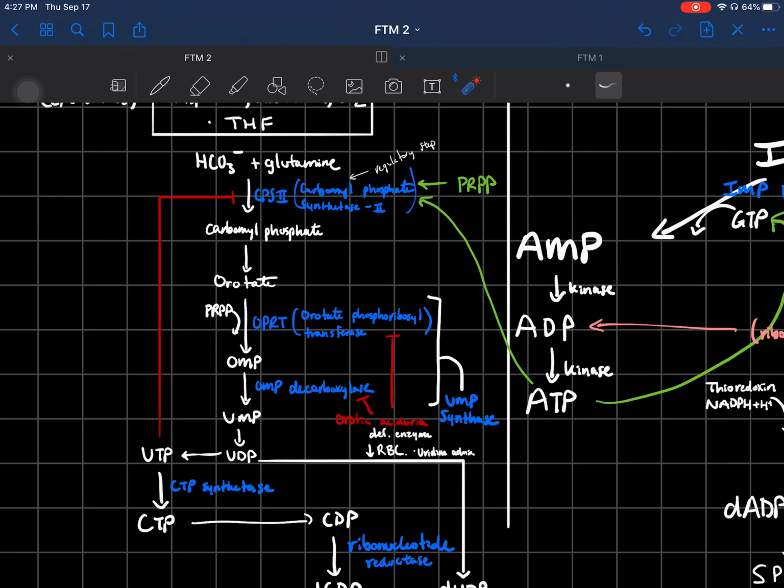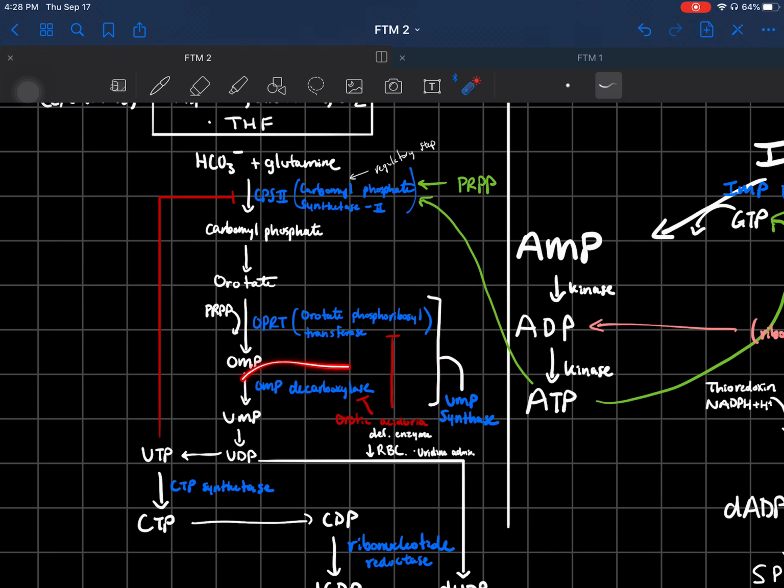And increased amounts of UTP can actually be a reversible inhibitor, or feedback inhibit, your CPS2. In addition to that, OPRT and OMP decarboxylase, both of those enzymes basically form what is called UMP synthase, because if you look at it, you need both of these to synthesize UMP, so UMP synthase.